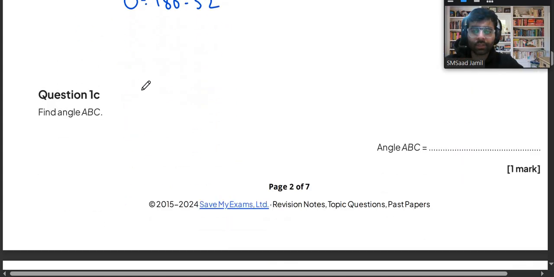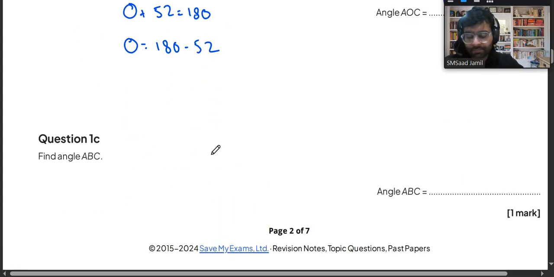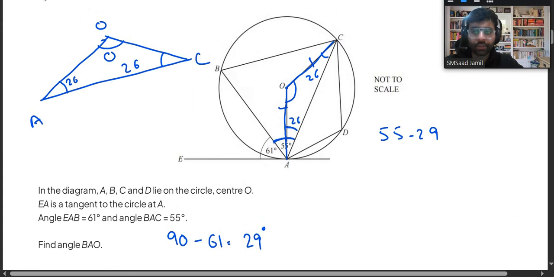Now let's move on to the next question. It says find angle ABC. Okay, let me erase this. They are asking you to find this angle. So look guys, we remember we calculated this as 128.